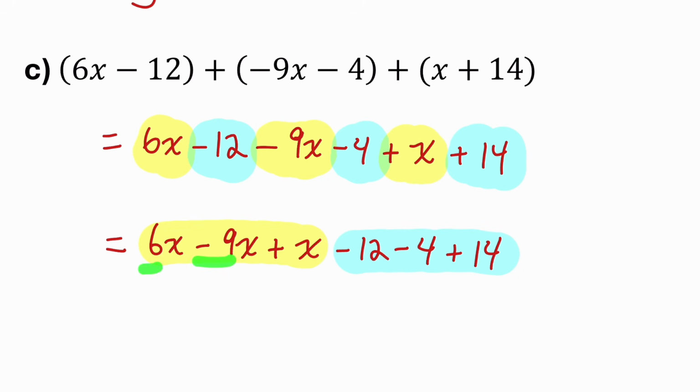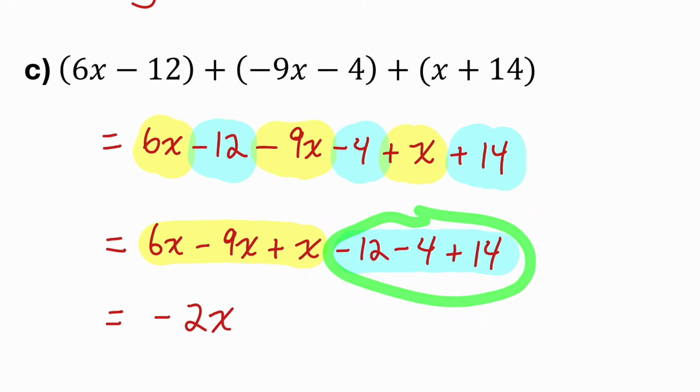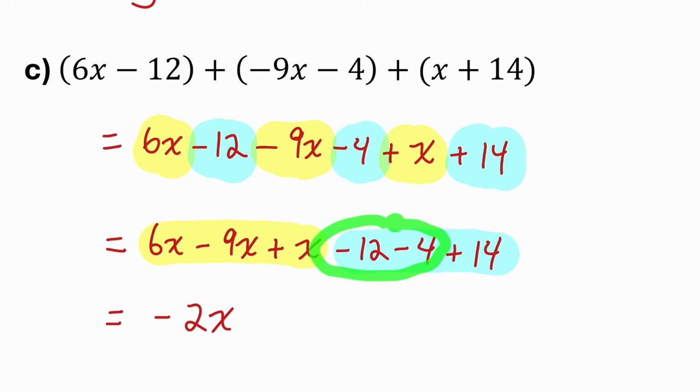So 6 minus 9 is negative 3, plus 1 is negative 2. So it becomes negative 2, and then keep the variable part the same. It stays as x. And then my constant terms, negative 12 minus 4 is negative 16, plus 14 is negative 2, which means my final simplified expression is negative 2x minus 2.